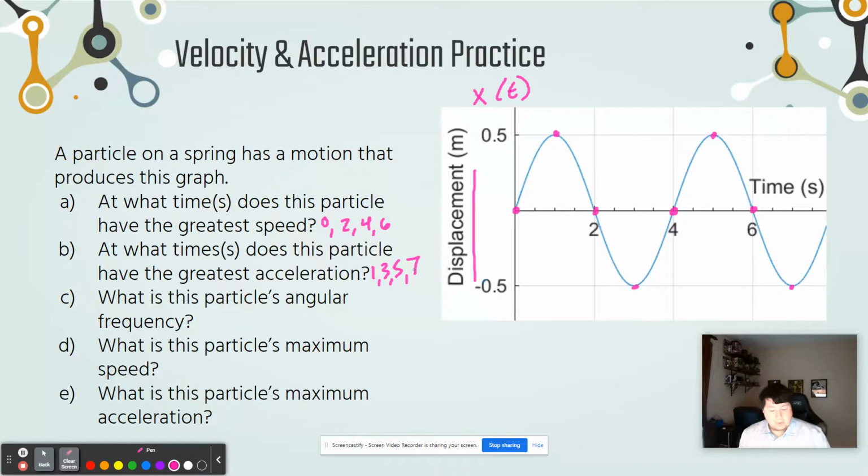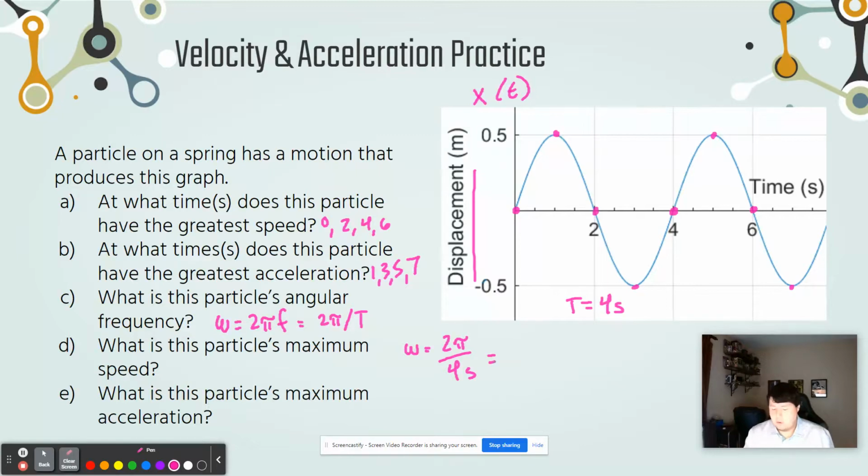Okay, what is the particle's angular frequency? Remember, angular frequency is our omega, and that's 2 pi times f, the normal frequency, or it is 2 pi divided by T, and T is probably a little easier to get here. T is your period, how long it takes to repeat, and it looks to me like the period here is 4 seconds. So my omega would just be 2 pi divided by 4 seconds.